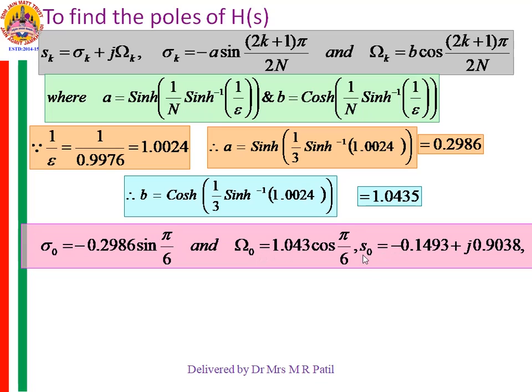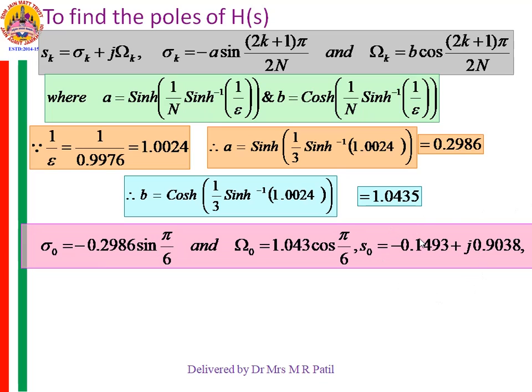So S0 you write in terms of sigma 0 plus j omega 0. Verify whether you also get values nearby to this. So S0 will be equal to minus 0.1493 plus j 0.9038. Sigma 0 is minus 0.2986 sine pi by 6, so use sine pi by 6 and multiply by minus 0.2986 to get this part.